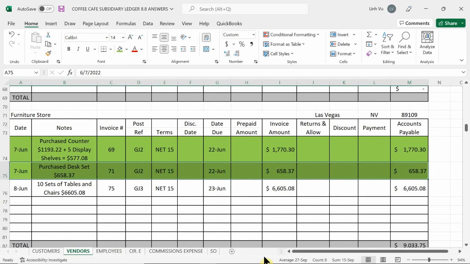So the counter is 1193.22. I'm looking at the invoice. What's my invoice total for my counter and my shelves? I'm paying for both of them. So it's 1,770.